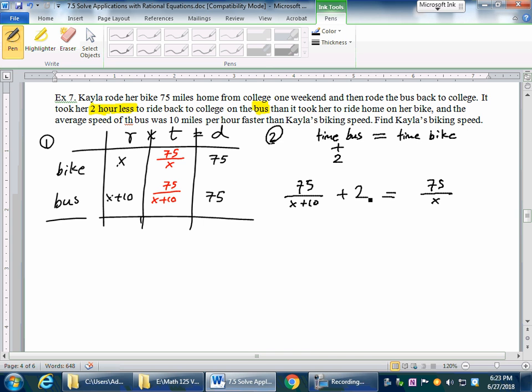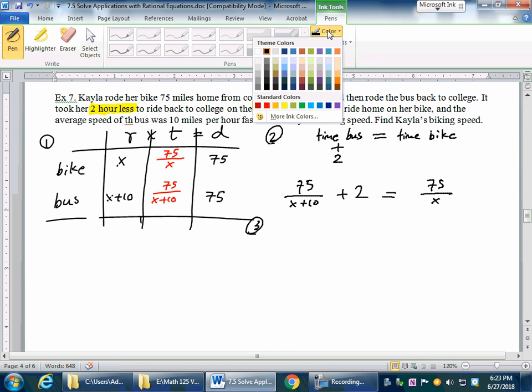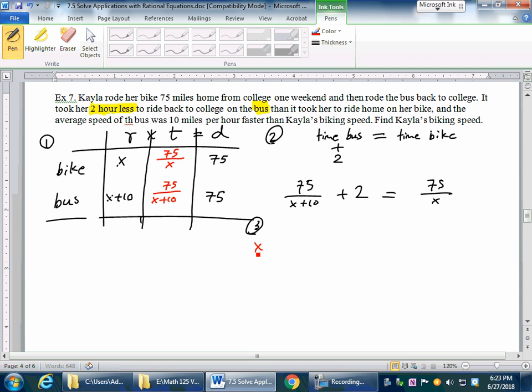So now we're going to solve by multiplying both sides by the LCD, which is x times x plus 10. 75 over x plus 10 plus 2 equal to 75 over x.